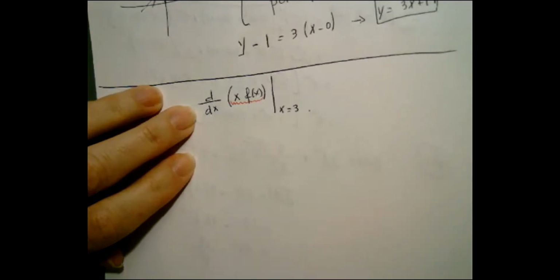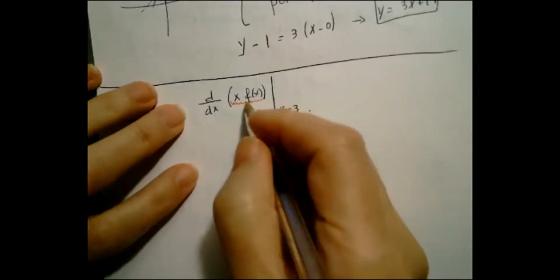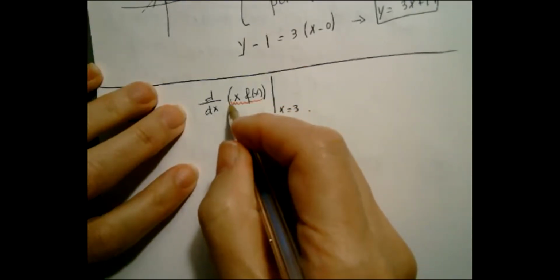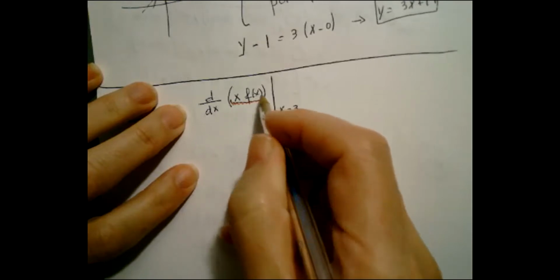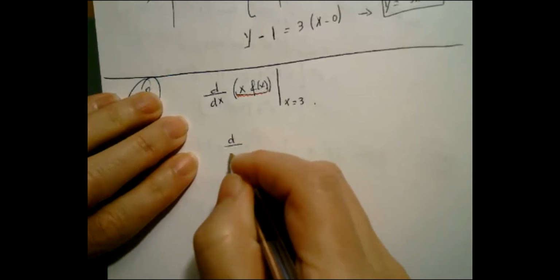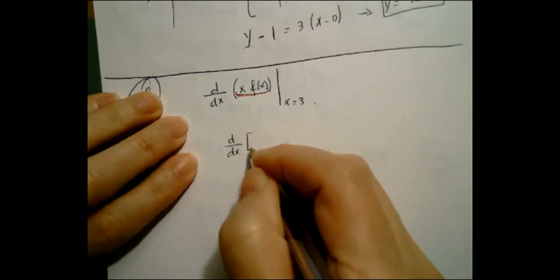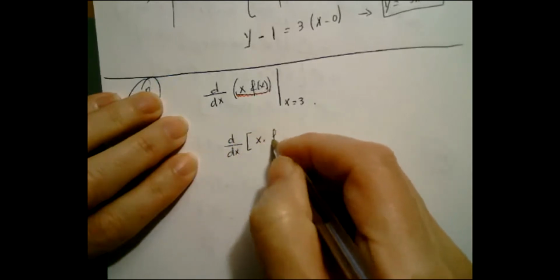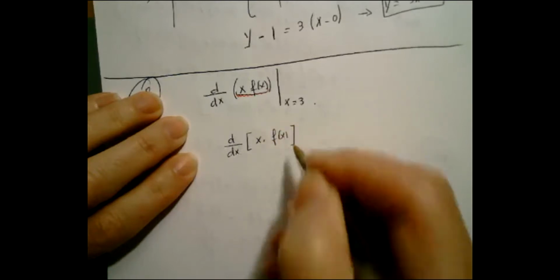So how do we handle those types of questions? Step number one, before I do anything, I have to figure out in general, for every x, what's the derivative of something like that. So before I plug in, I need to find the derivative of x times f of x for any value x. We don't plug in first.